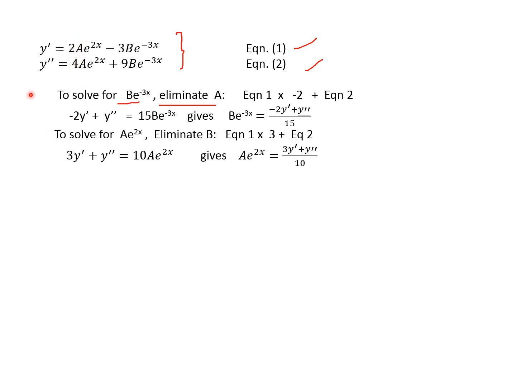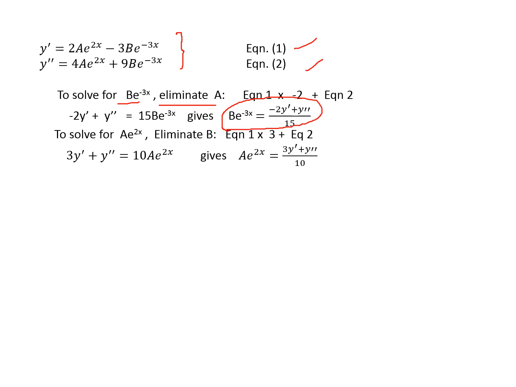So this is negative 2y prime plus y double prime, which is 15 b e^(-3x). If you divide both sides by 15, you will have (-2y' + y'')/15. This is our value for b e^(-3x).